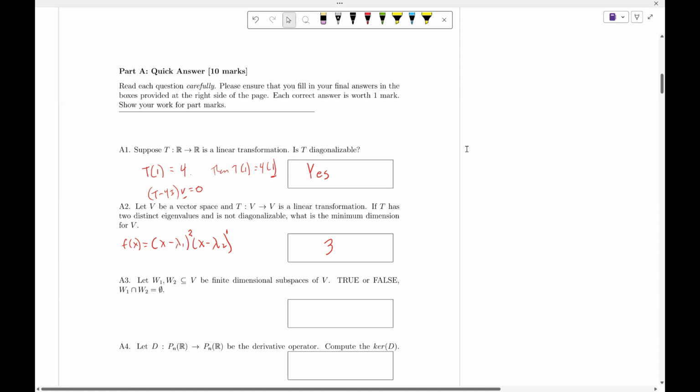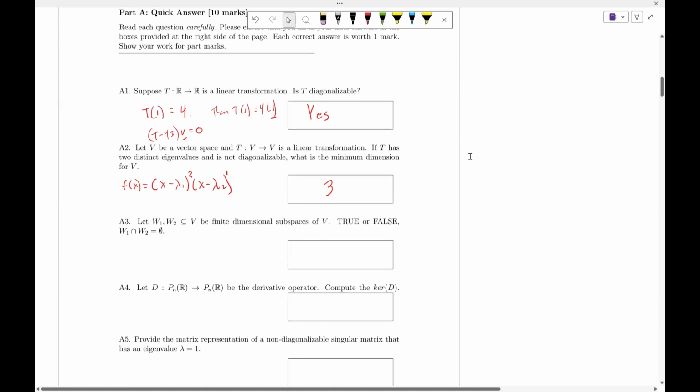Now for A3, we have two subspaces of a finite dimensional vector space. Now it's asking about their intersection. True or false? The intersection is the empty set. Well, if we look at two subspaces, 0 is in W1 and 0 is in W2.